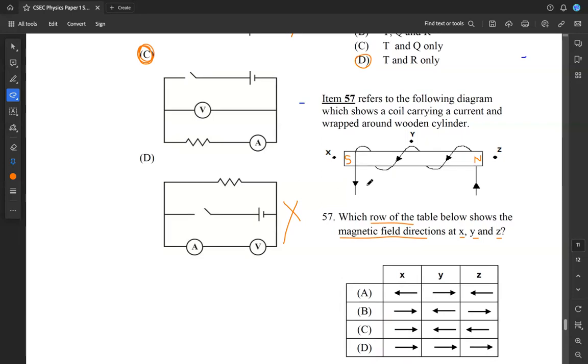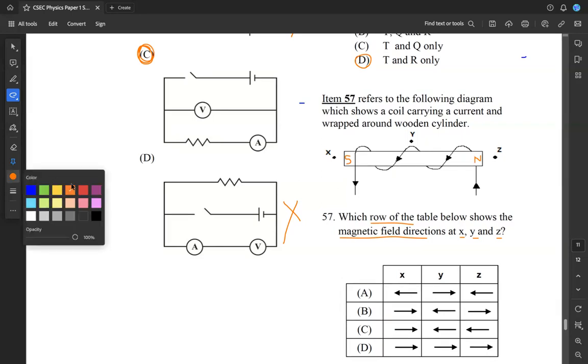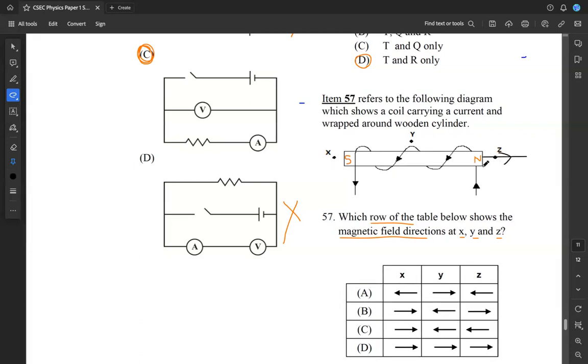And we know how field lines run. The field lines run from north to south. And so what we're gonna get is these field lines coming out here and then coming around from north to south, right? And so it would come this way as well, right?